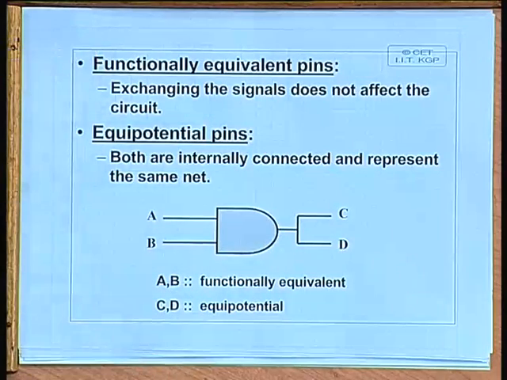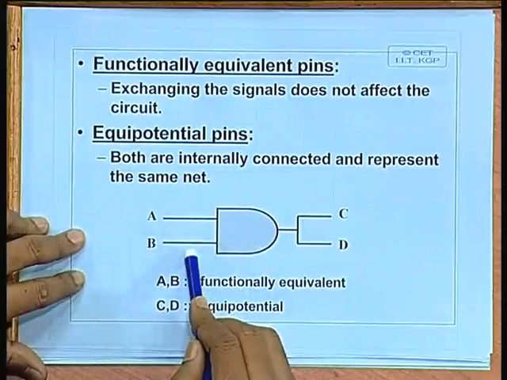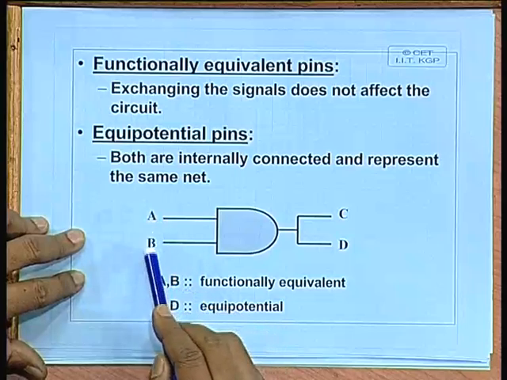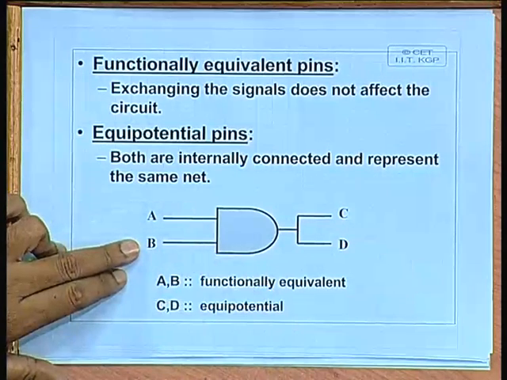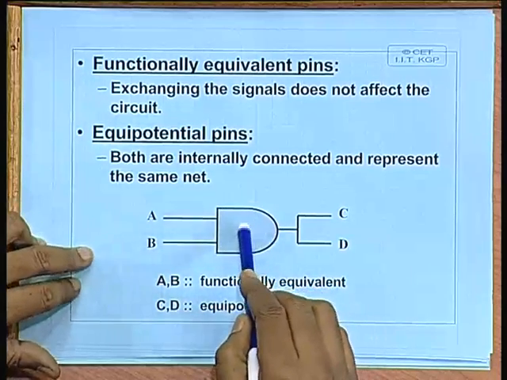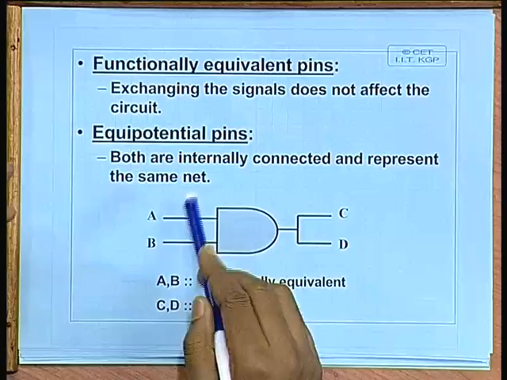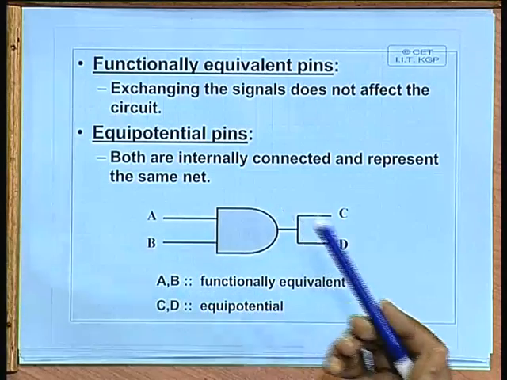Functional equivalent pins are two distinct signals, but if you exchange them, it does not change the functionality of the circuit, like the two inputs of an AND gate. So, if one is A and one is B, it does not matter if you call this A and call this B. If the function realized by this block is commutative, then you can do this. A B and B A are the same.